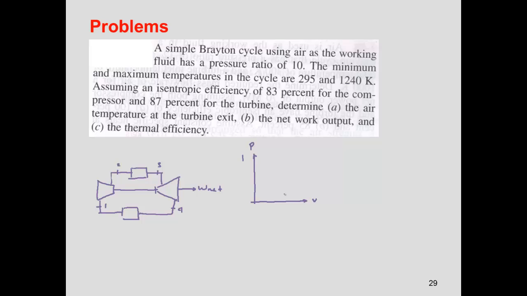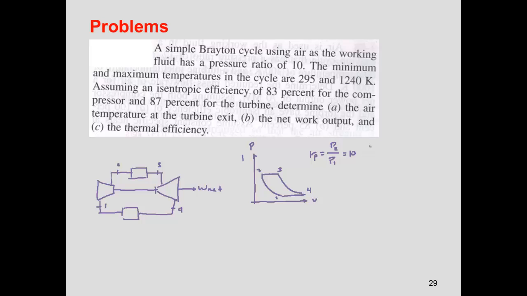We have a constant pressure, an expansion, constant pressure heat addition, compression, and constant pressure heat rejection. We don't know the pressures, but we know the pressure ratio, which is P2 over P1 is 10.